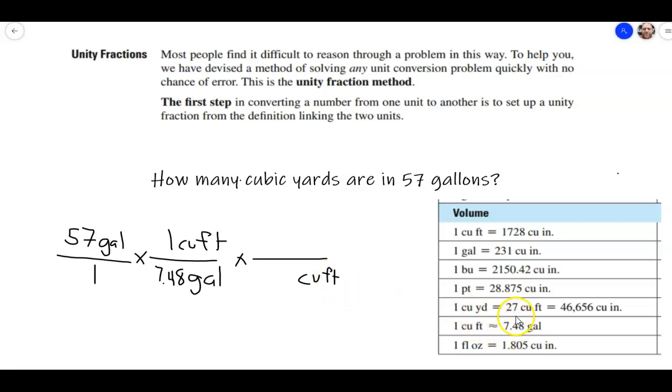So we know that there are 27 cubic feet in 1 cubic yard. And now we've gone all the way from gallons to cubic yards. We just need to multiply across the top and the bottom. Gallons cancel out with gallons, cubic feet cancel out with cubic feet, and we are left with cubic yards. So this is going to be 57 times 1, so that's 57 cubic yards.